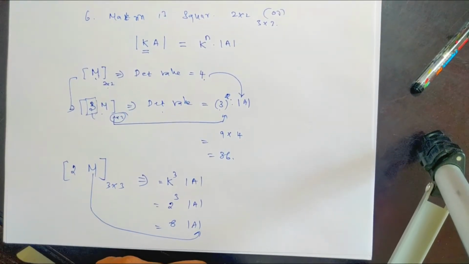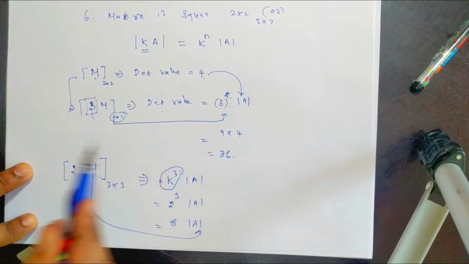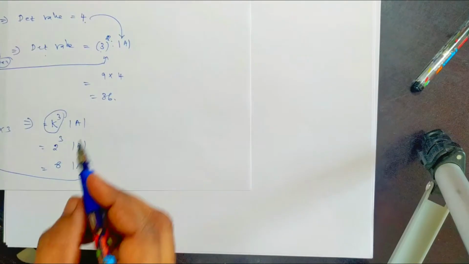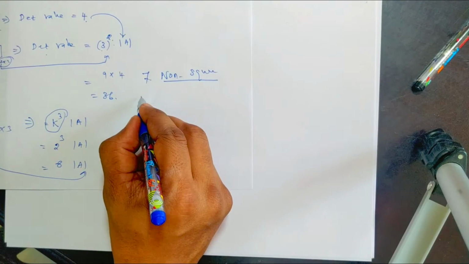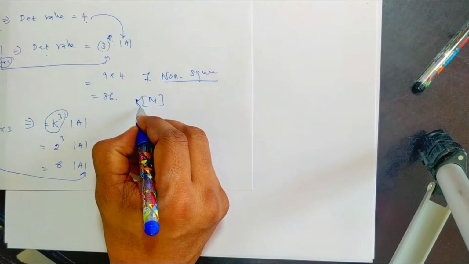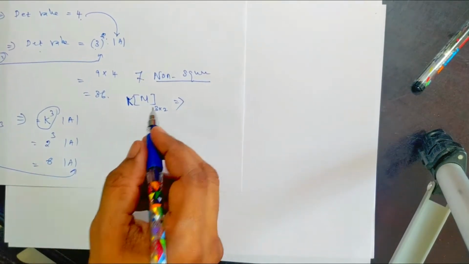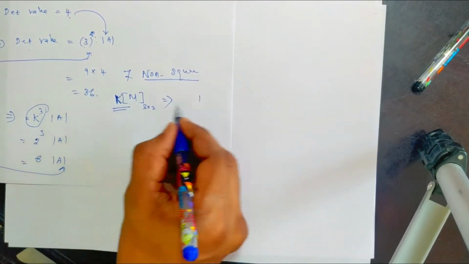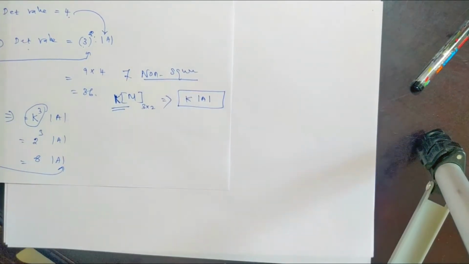So when we have a square matrix and the matrix is multiplied with any scalar number, then the determinant will be something like this. If it is non-square, for example a 3 cross 2 matrix, where each and every term is multiplied by some k value, then the determinant value of this matrix is k times that value.